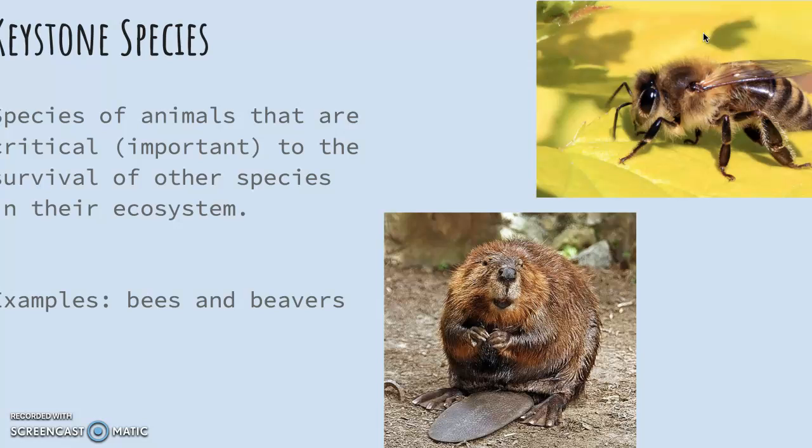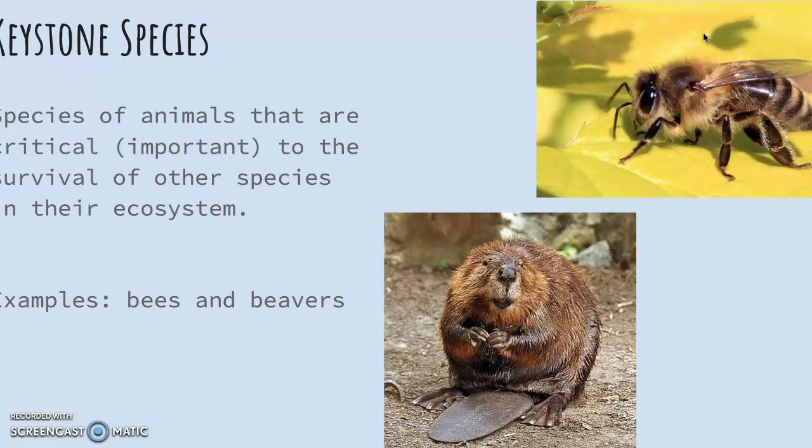And without our producers, of course, we wouldn't have anything else in our food web. People have taken a really great interest right now, which is awesome, in protecting the bees. They're not scary or dangerous. Of course, if you're allergic to bees, don't go close. But the bees are critical for the survival of many of our animals in the ecosystem, including humans.